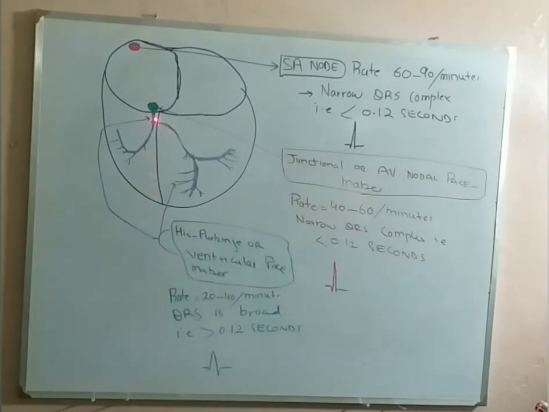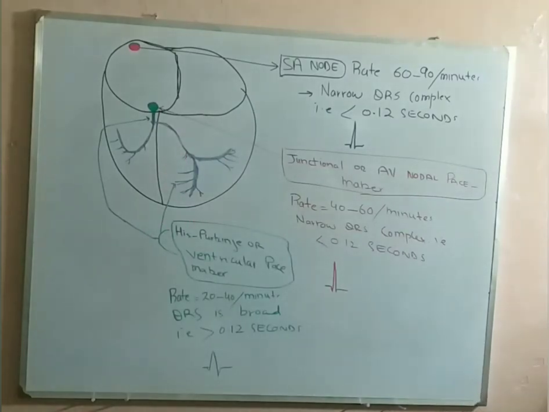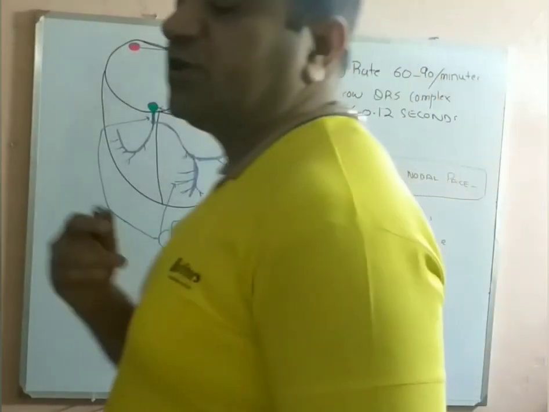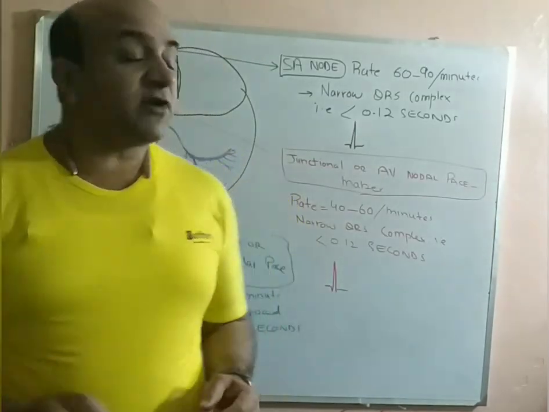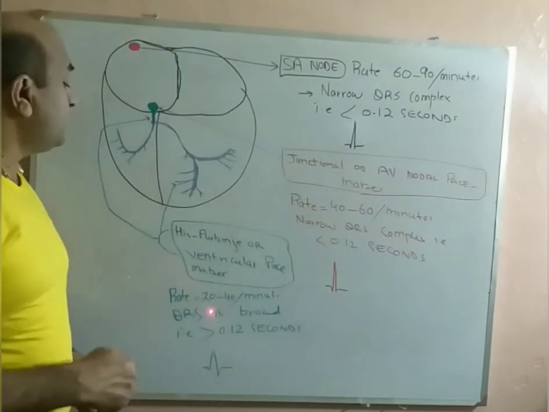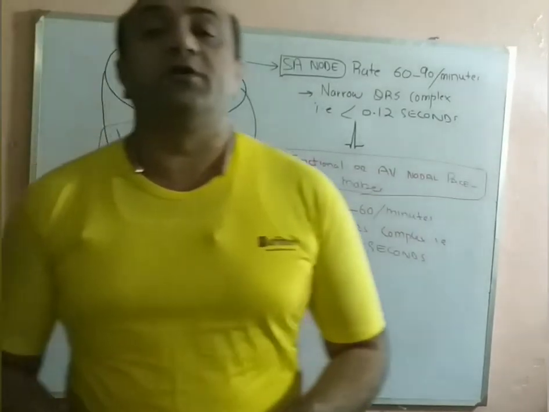The lower part of the bundle of His, the bundle branches and the Purkinje fibers, which are embedded into the ventricular muscle, start taking over the ventricle, generating depolarization of the ventricular muscle at a rate of 20 to 40 beats per minute, and the QRS complex is broad.